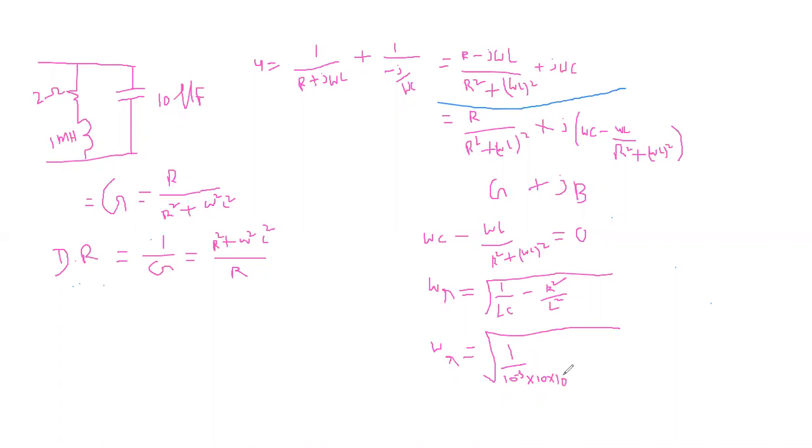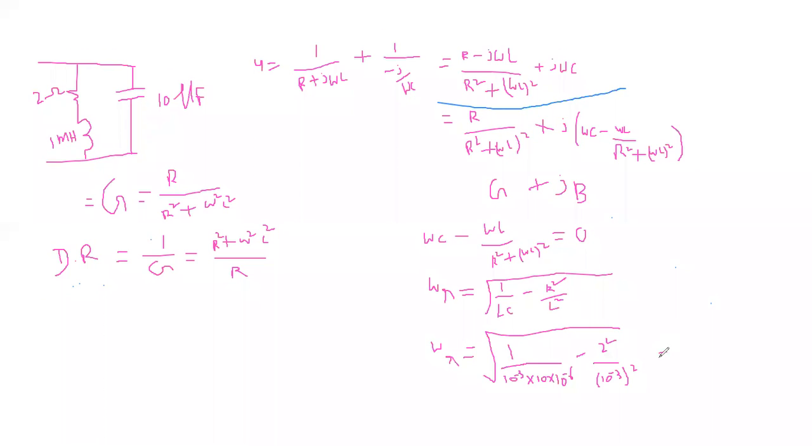Microfarad is minus 6. Minus what is the value of R? 2. R square means 2 square, divided by L value 1 millihenry, 10 to the power of minus 3, whole square.